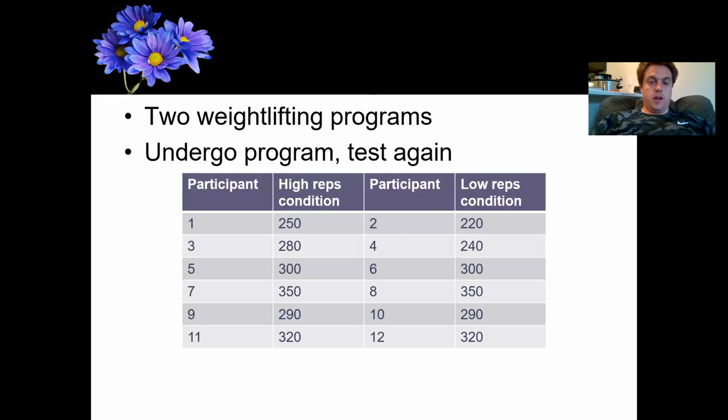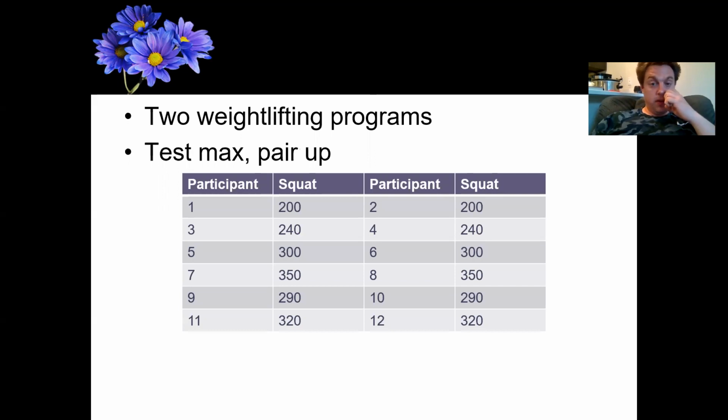So if I wanted to compare two weightlifting programs, and I was to run that within subjects, I don't really need to worry about the fact that some people are going to have different baseline strengths, because your baseline strength should be the same whichever condition, because you're the same person. So I don't really need to worry.